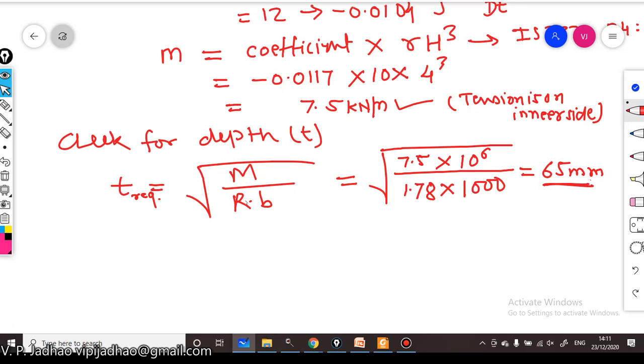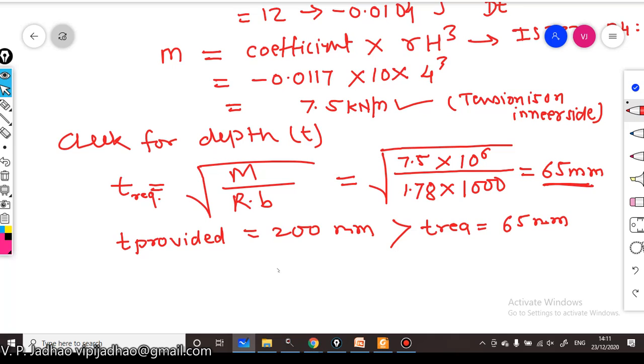But as we have provided T provided equal to 200 mm, this is greater than T required of 65 mm, and hence the thickness we provided is okay.